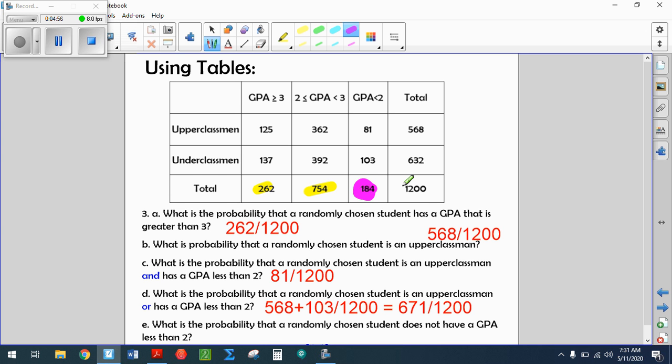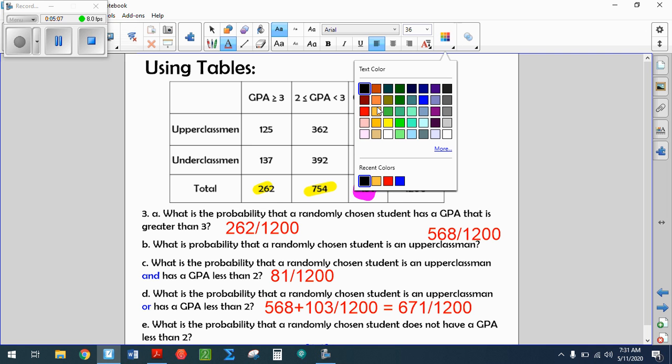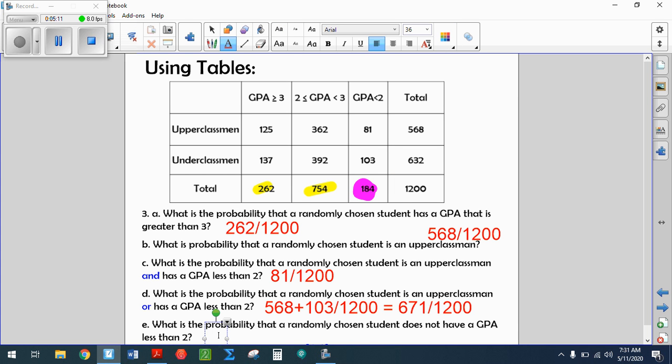We could find the probability that a person is less than 2, so 184 out of 1,200. The complement is 1 minus that. Basically, what's 1200 minus 184? Same thing as 262 plus 754 over 1200. And I'm not going to add those two up right now.